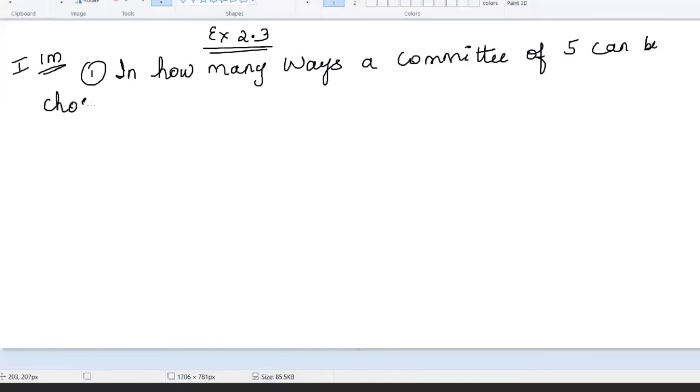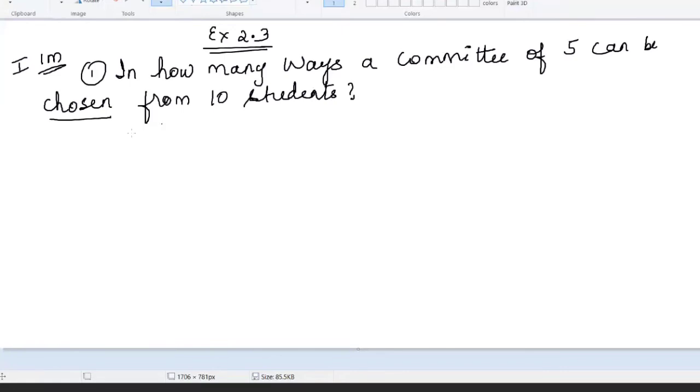Chosen means selecting, okay? Selection. From 10 students. What is your answer?